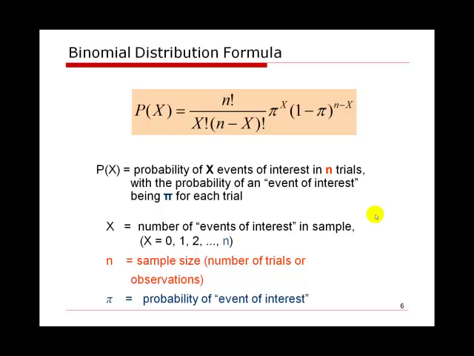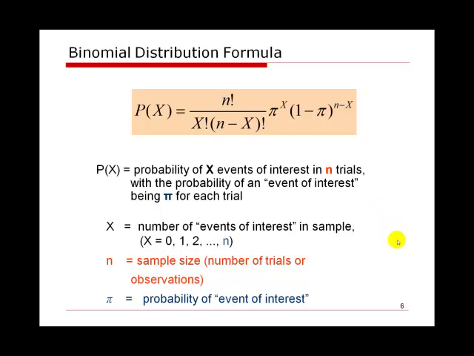And pi is a constant, or the probability of the event of interest. And the third one is x. x is the number of events of interest in the sample. So if we have these three numbers, then we can use this formula to calculate the probability.